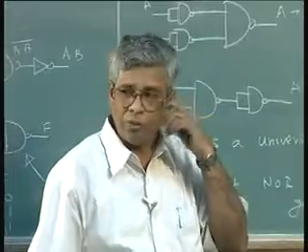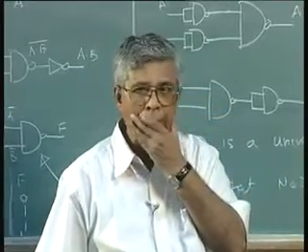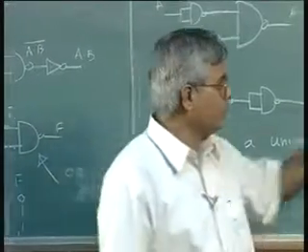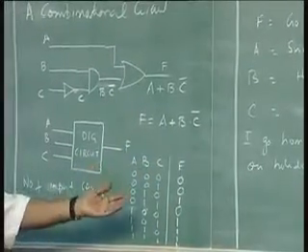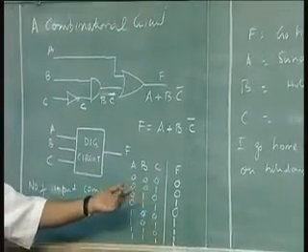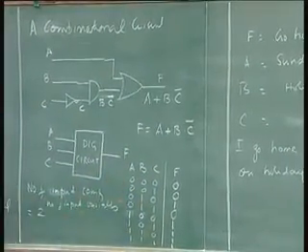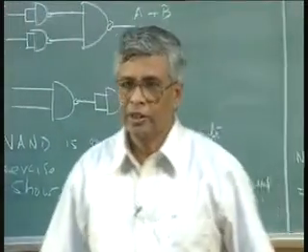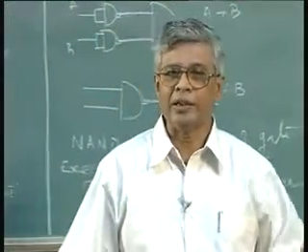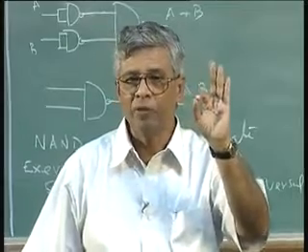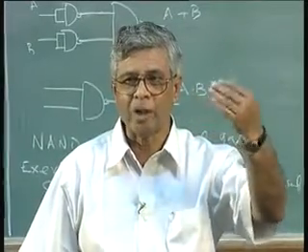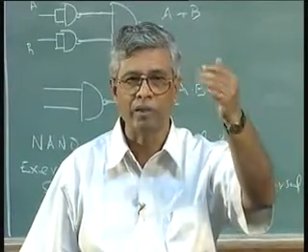Now the question would be, is it the only way to do this? Somebody gave me this circuit, I analyzed it, and I tried to logically prove what it is going to do. But is there a simpler way of doing it? How do you know whether the circuit is the simplest possible circuit to do the same operation? All I want is, now forget about holidays and going home and exams.